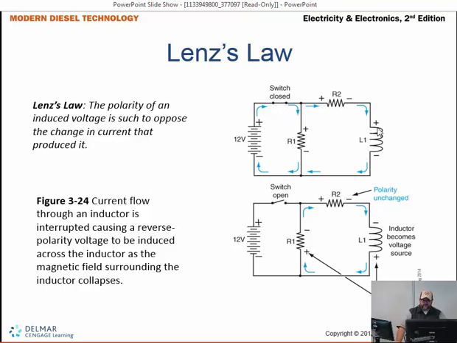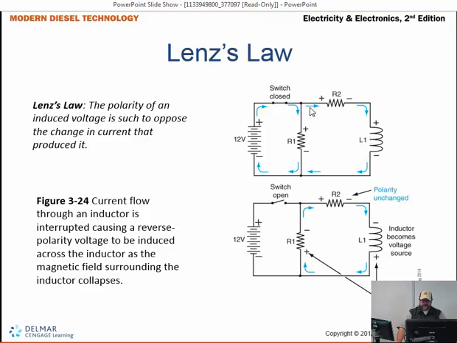Now, here we had created a magnetic field in L1. It was built up, it was charged, we'd overcome the counter EMF, we'd done all of that. Now, we've come back to ground. Well, now we've opened this, right? But there's an electrical charge being put out here.